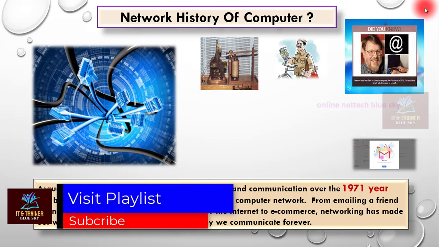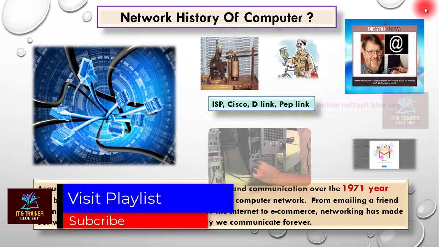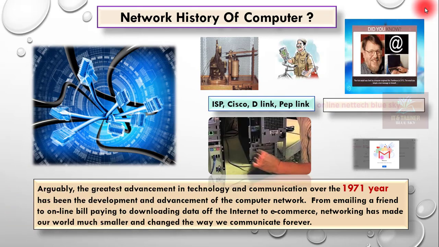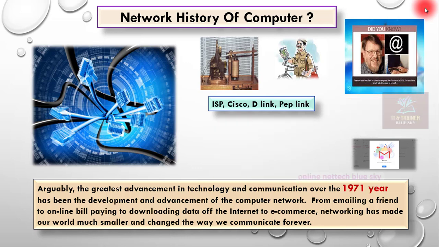ISP, Cisco, D-Link, different types of companies are available and create different network devices and network systems. ISP is an internet service provider, that means your service provider, sending your IPs and your different types of services.